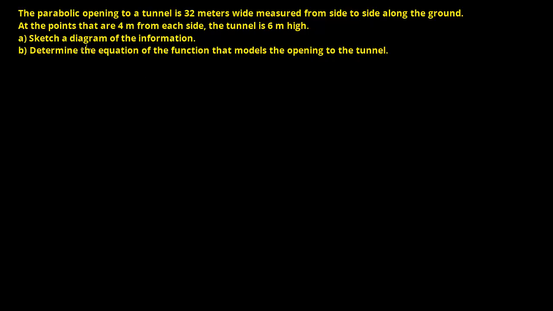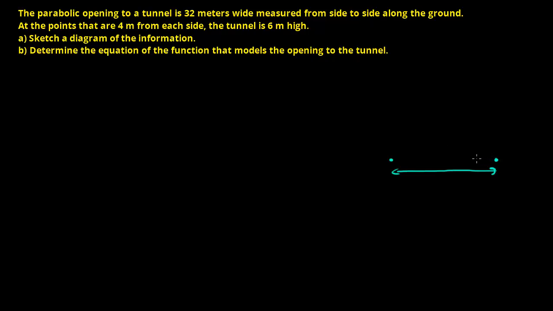It's basically saying that we have this parabolic tunnel that is a total of 32 meters wide. So between this point and this point is 32 meters. It also says at the points that are 4 meters from each side, the tunnel is 6 meters high.